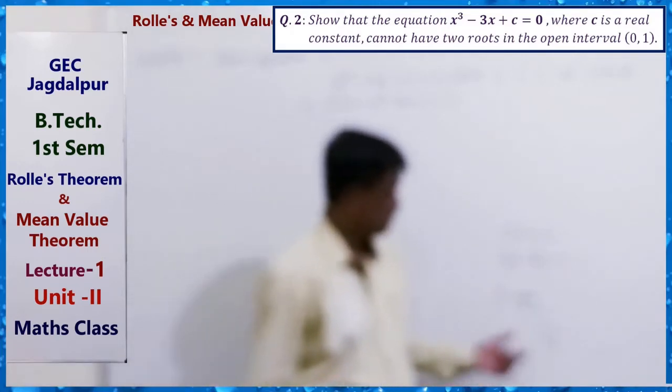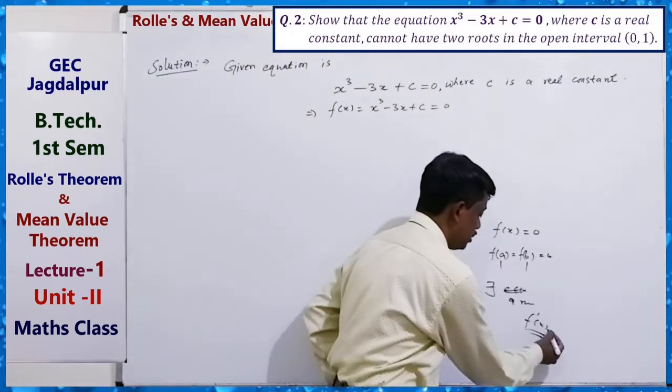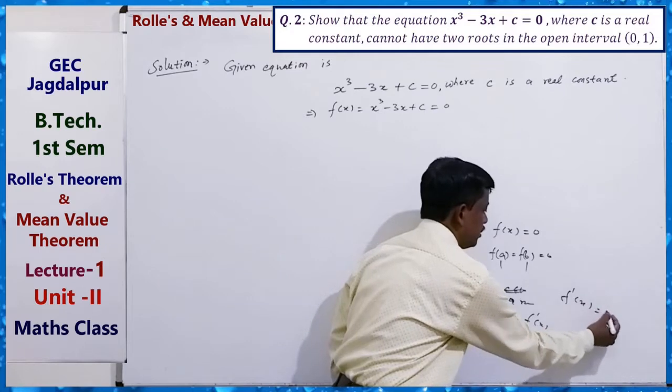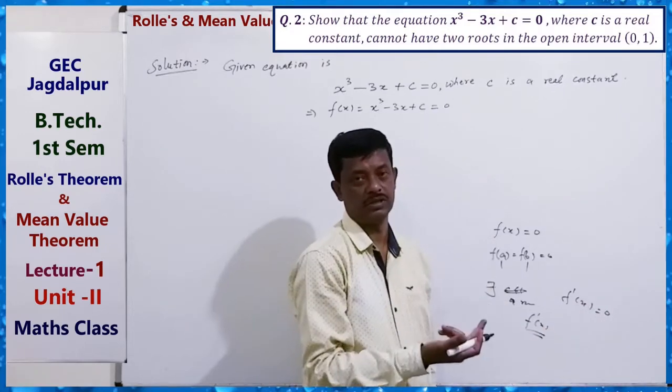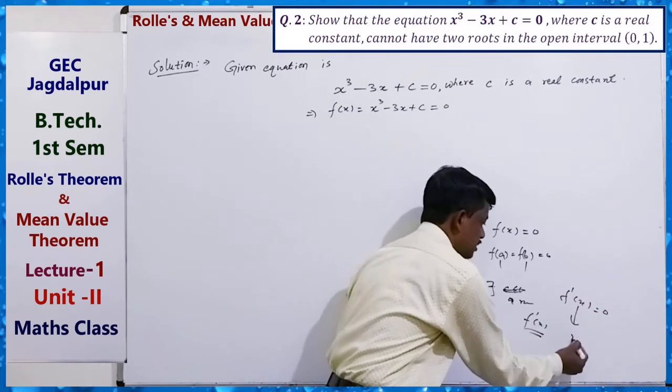That means just solve f'(x) = 0. f'(x) is a polynomial, this is the equation, and solve this equation. Just find the value of x.